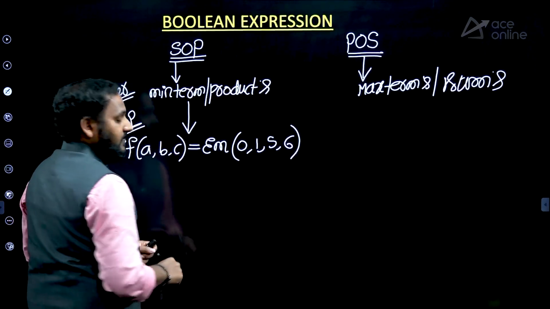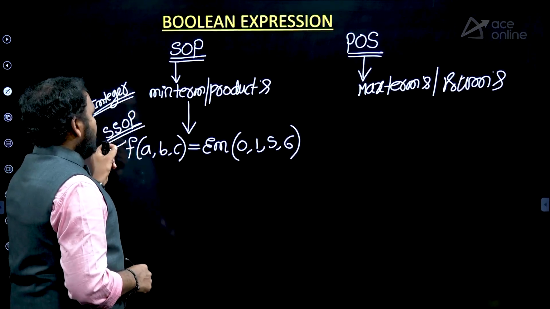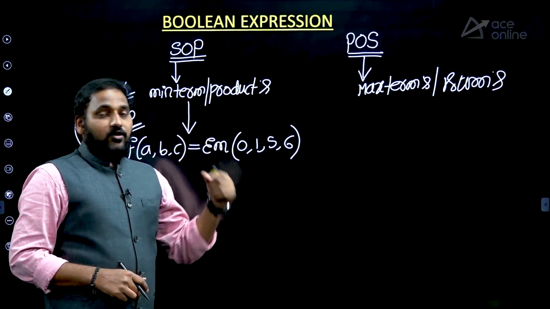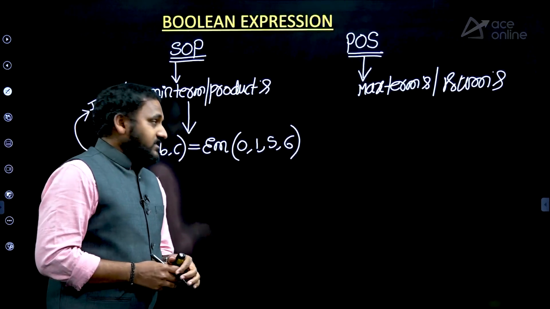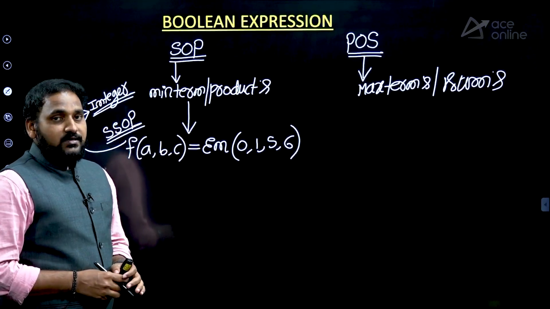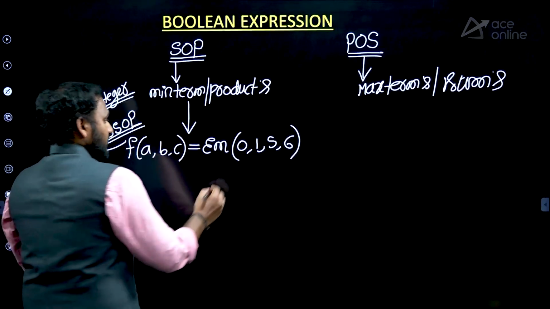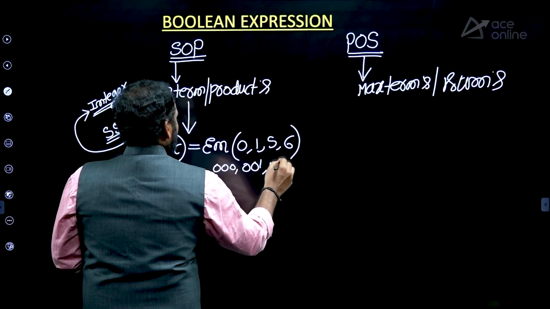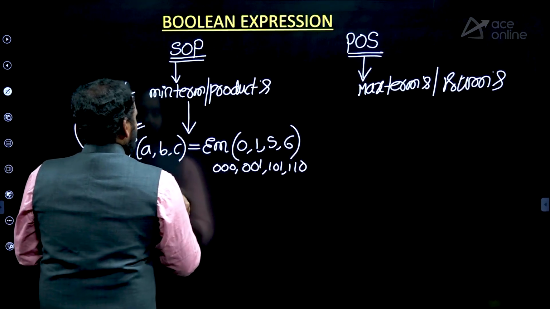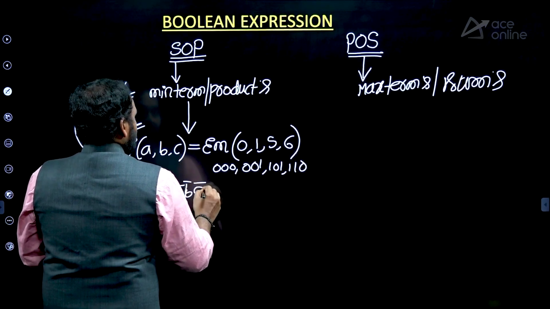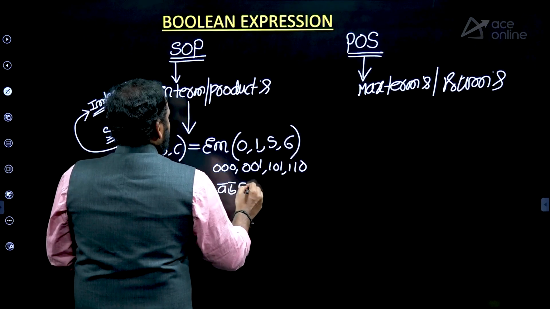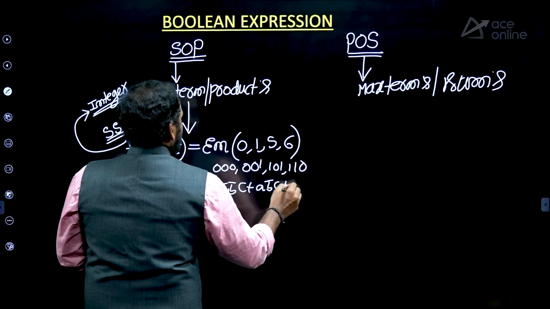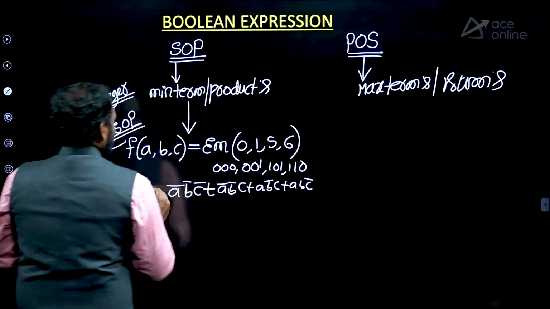If I want to represent the standard SOP in an elaborated fashion, we should write it in terms of all variables. You know that 000, 001, 101 and 110. So that is a bar b bar c bar plus a bar b bar c plus a b bar c plus a b c bar.